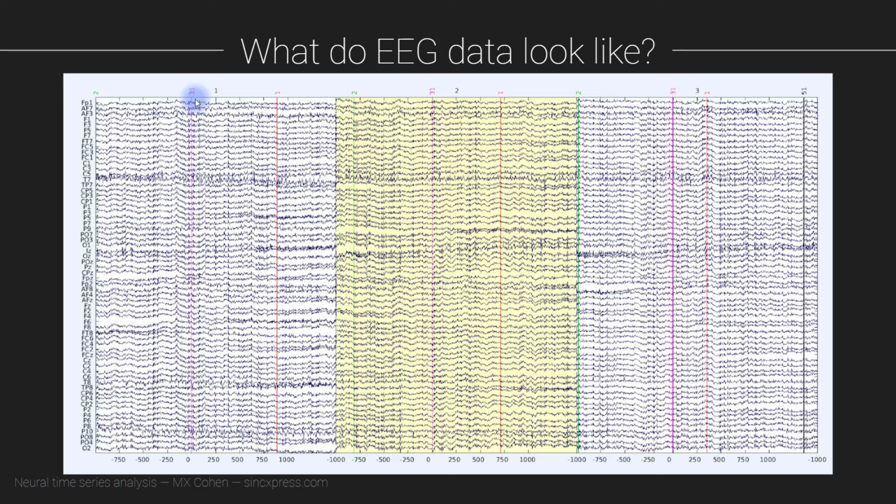You see that there are these markers, or TTL pulses, that go vertically through the data set like this. That shows the exact timing of particular events. This marker 31, you can see it here, was when the picture appeared on the screen. We call that time 0, and then we time lock the data to the onset of that picture. Here's when the button press was made.